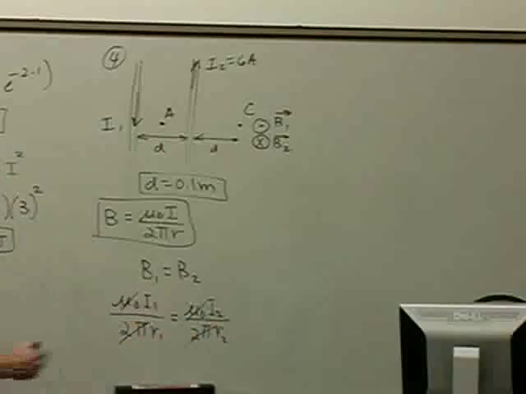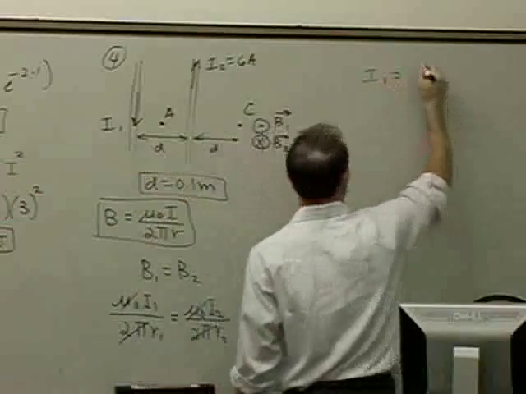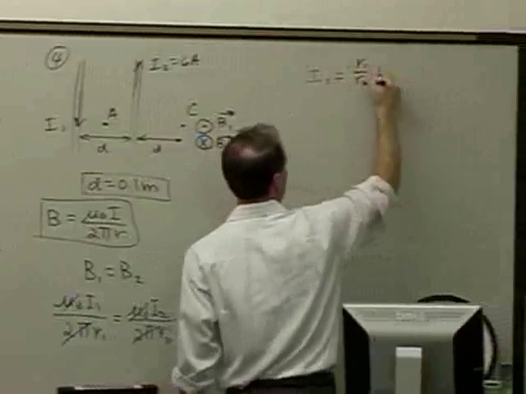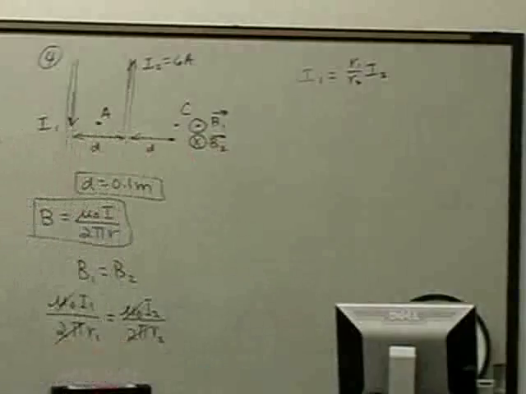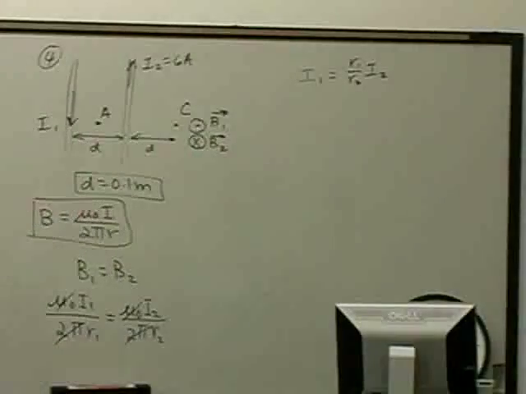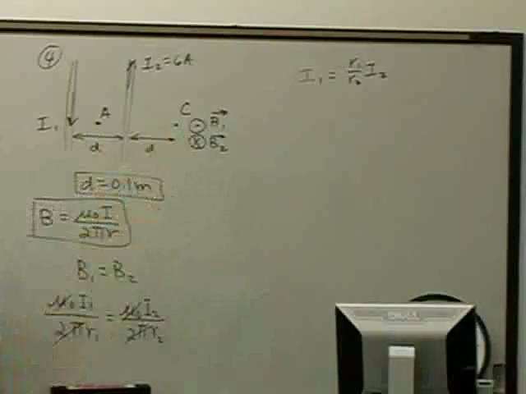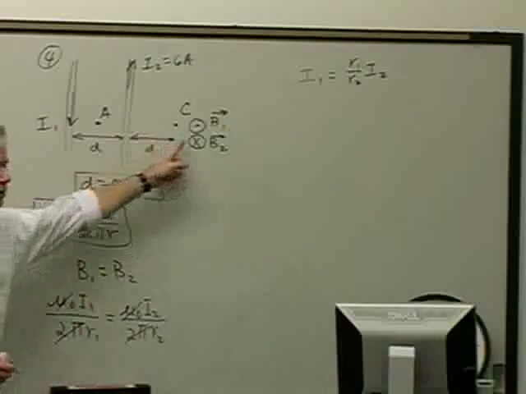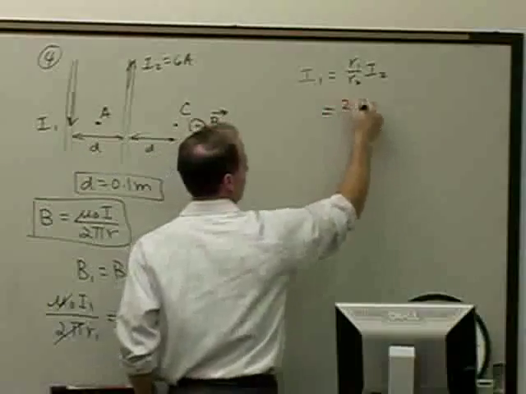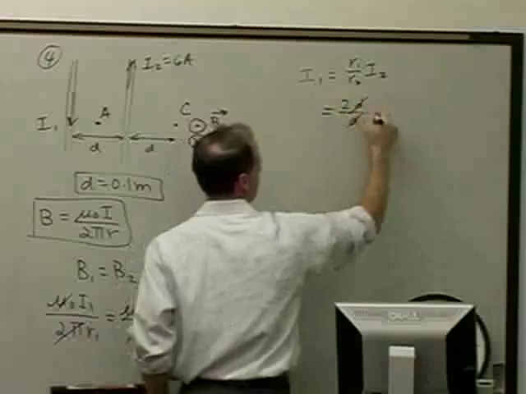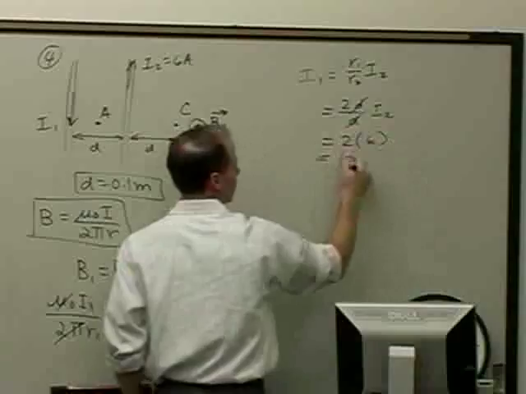Solving for I1, I have I1 is equal to R1 divided by R2 times current I2. R1 is the distance that we are away from wire number 1, which is actually going to be 2D. And R2 is just going to be D. So this is 2D over D times I2, which is 2 times 6, or 12.